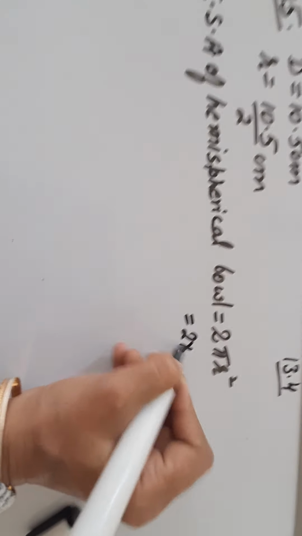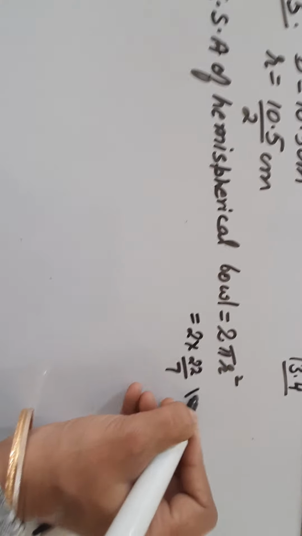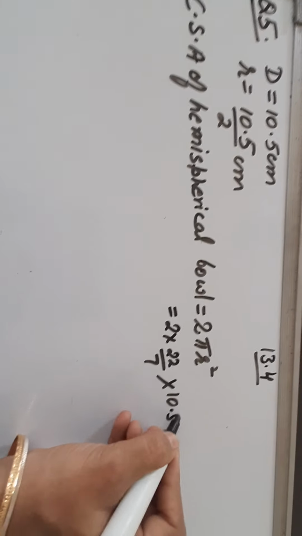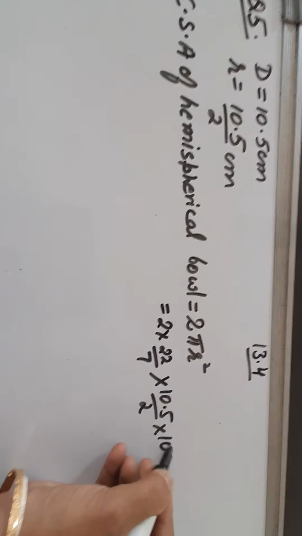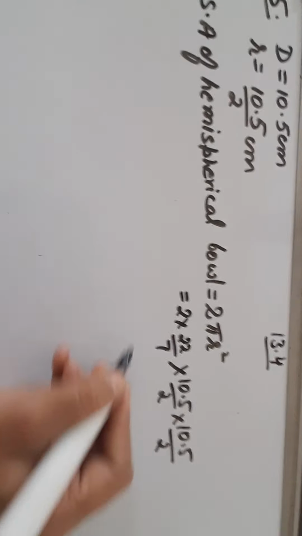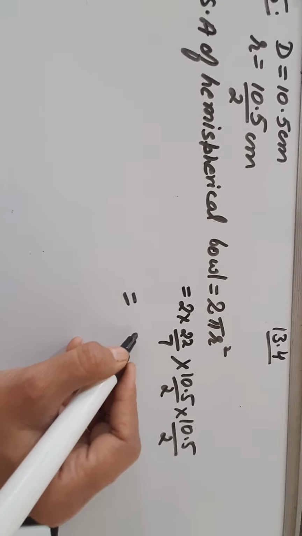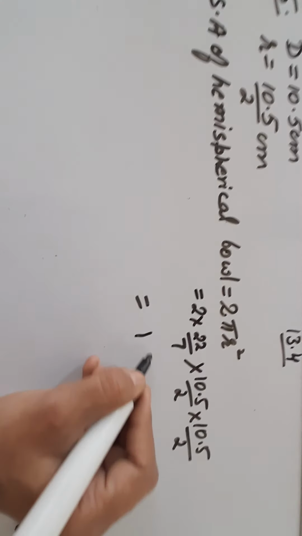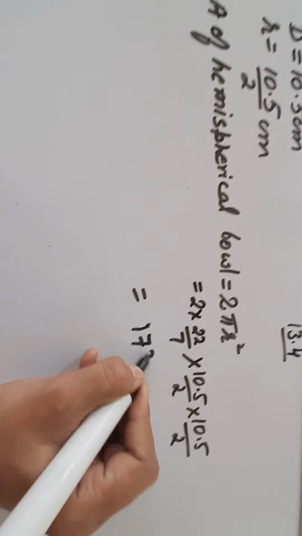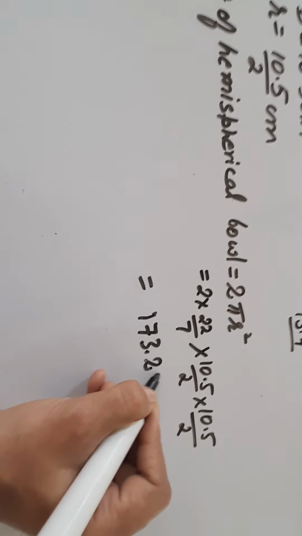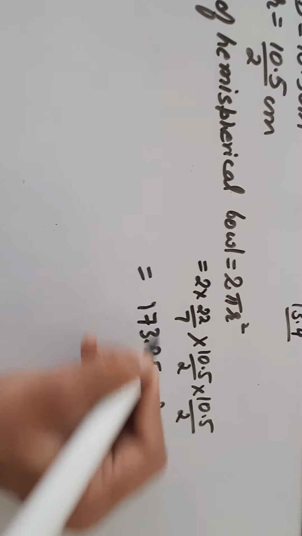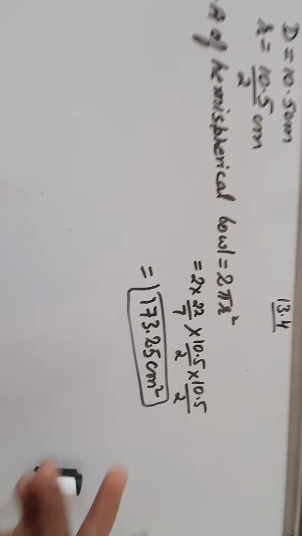So 2 into 22 by 7 and radius is 10.5 by 2 multiplied by 10.5 by 2. So by solving it, dear students, you will get the area as 173.25 centimeter square. So this is the inner area of the given bowl.